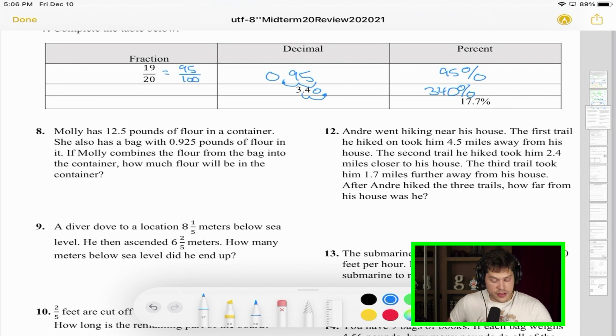And then what is this as a fraction? Well, remember, percents are just that number over 100. So this is 340 over 100. Or you can think of this as 3 and 40 over 100. And this, of course, simplifies further. This is 4/10, which is 2/5.